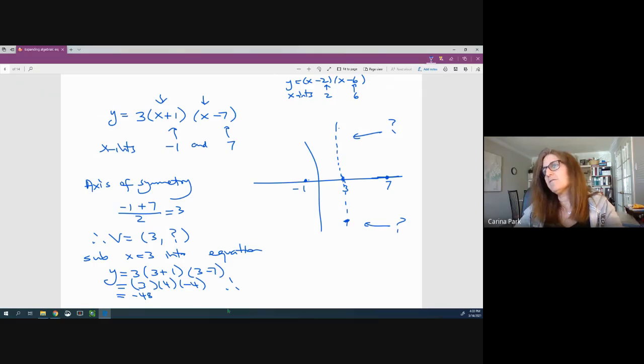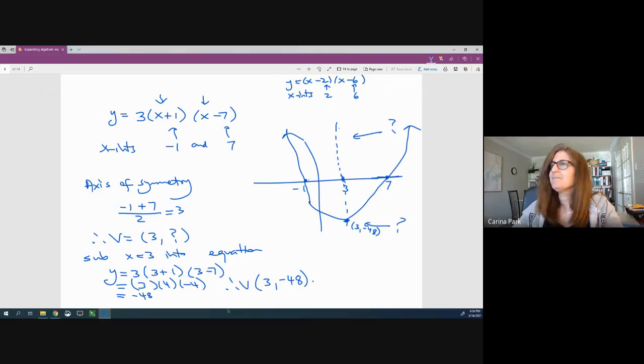So that tells me that my vertex is at the point 3, -48. And now I can draw my parabola as a curve as best I can. All right, pretend this was nicer drawn. There you go. Okay, this is my parabola, it's not the prettiest, but there it is. And then we label it with the equation y equals 3, x plus 1, x minus 7, next to the arrowhead. All right, and that's how we do it.